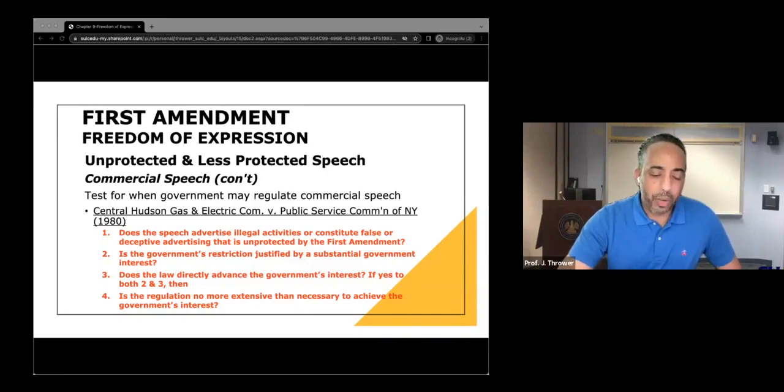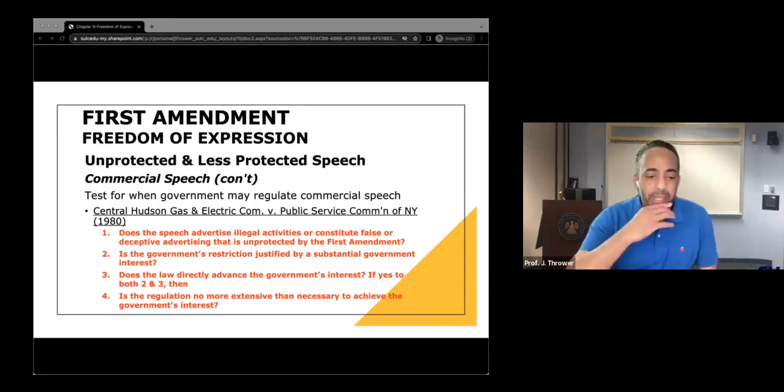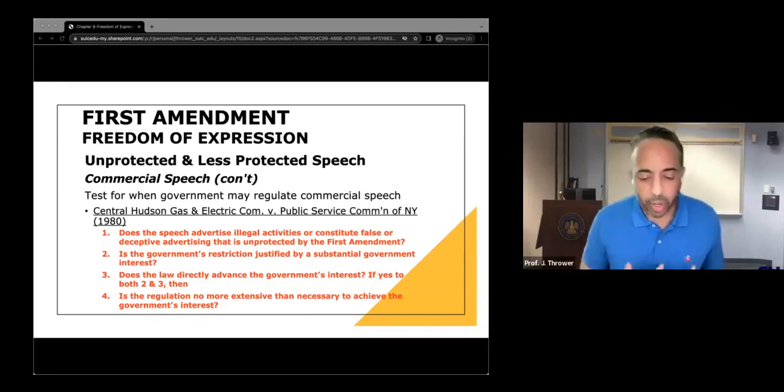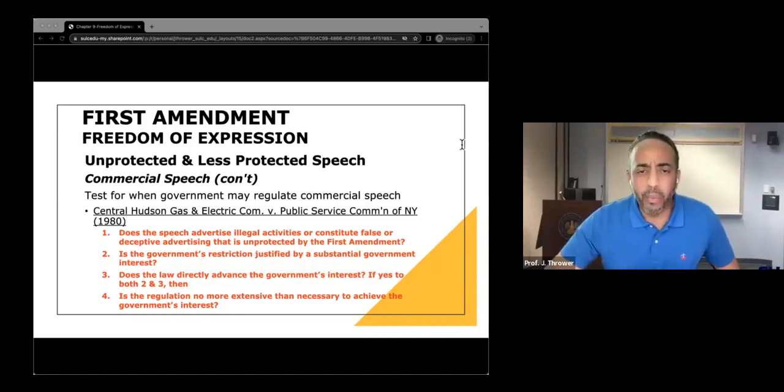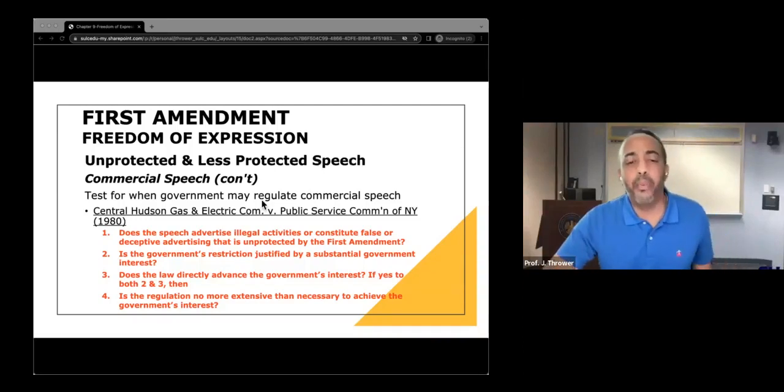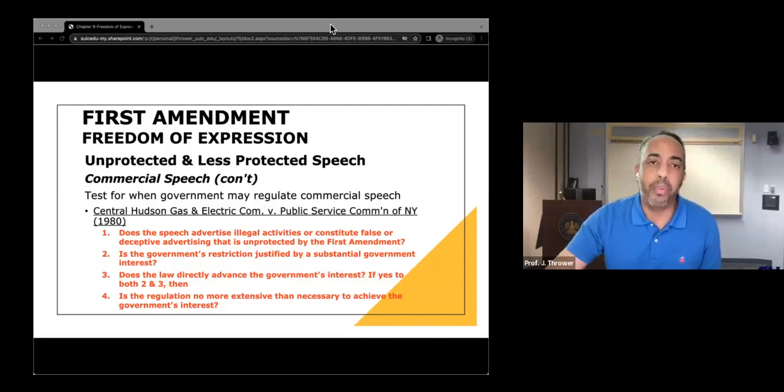Now, so we have our test of how the government should go about regulating, or the standards that the government must meet in regulating commercial speech. There's one important area, however, that is implicated when you consider the last three prongs of the Central Hudson test.